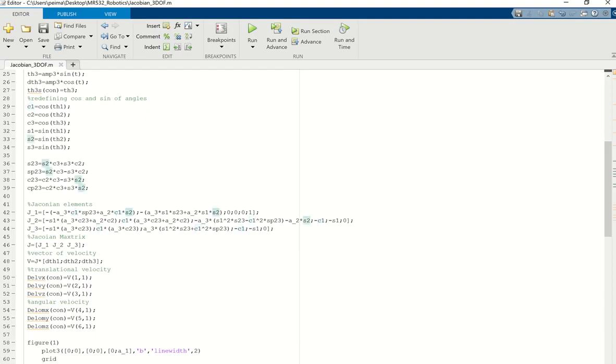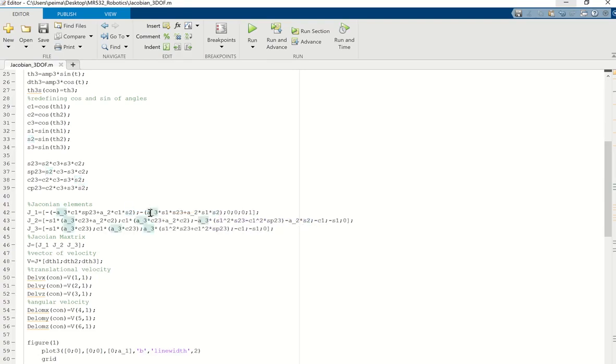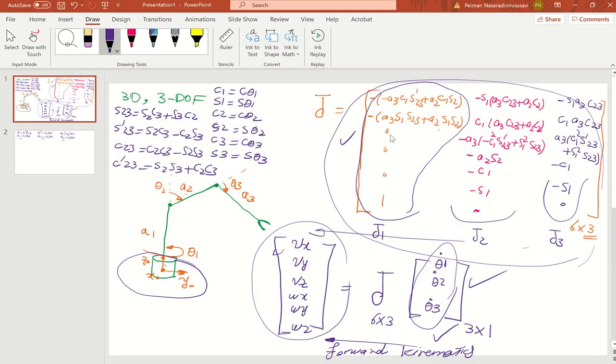This is the first element, exactly like this. And the second element is minus A3 sine 1 sine 23 plus A2 sine 1 sine 2, and then 0, 0, 0, 1, exactly like this.